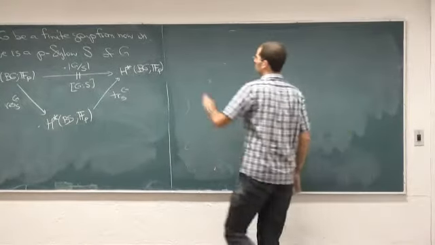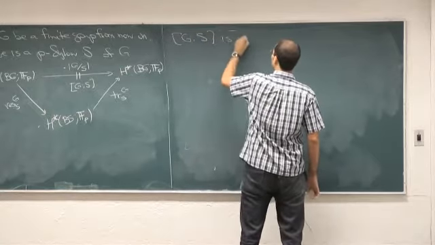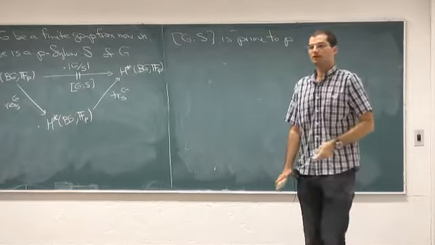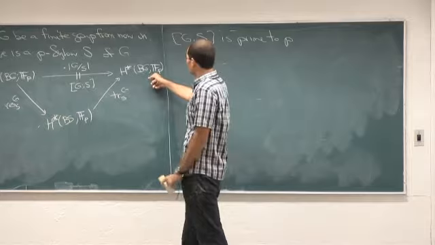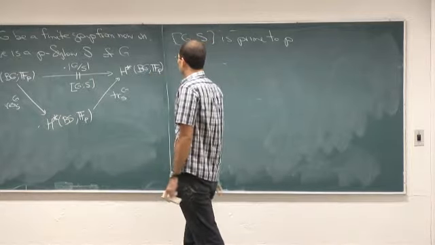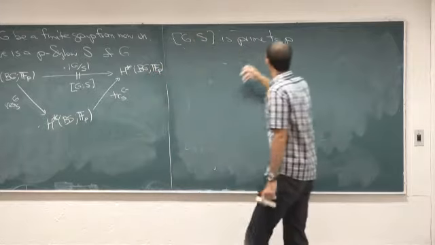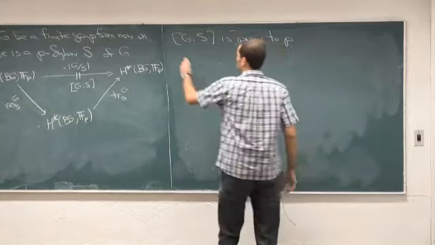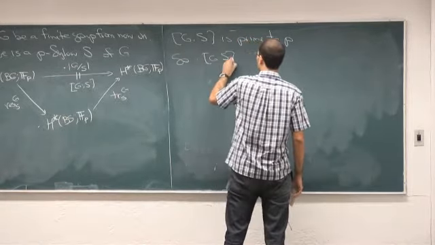So the index is prime to p. And we are dealing here with things that are sums of F_p's, right? So multiplying by something that is prime to p is an isomorphism. So multiplication by this is an isomorphism.